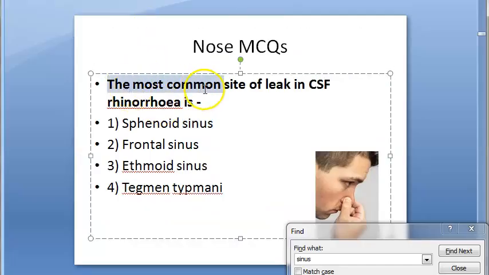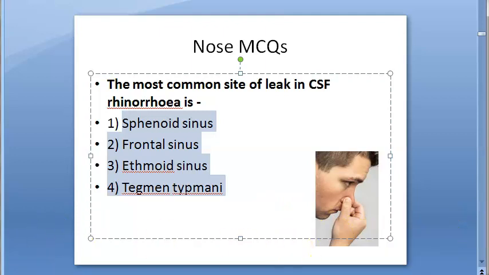The most common site of leak in CSF rhinorrhoea is: options are sphenoid sinus, frontal sinus, ethmoid sinus, tegmen tympani. So let us look at this.